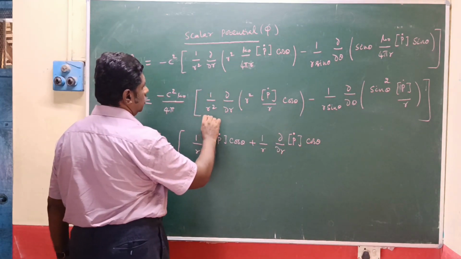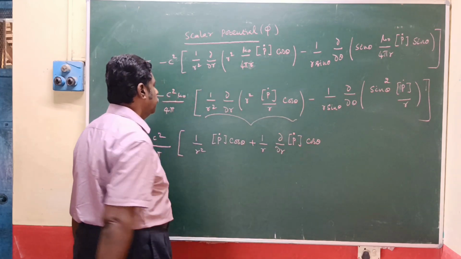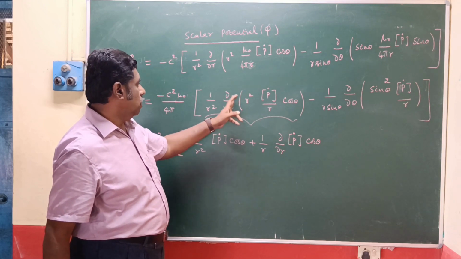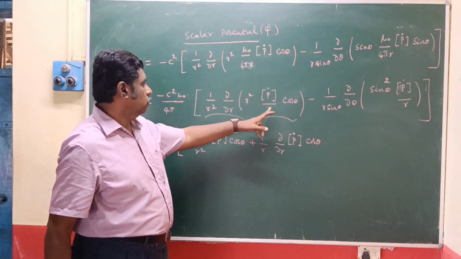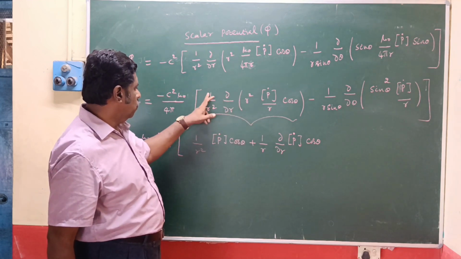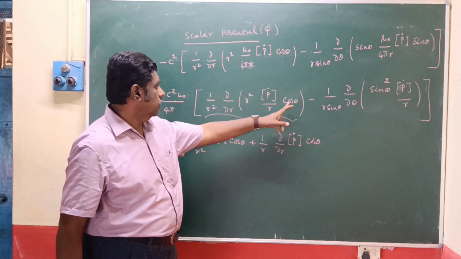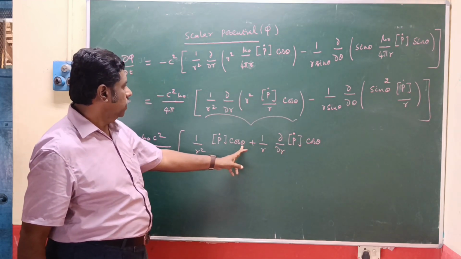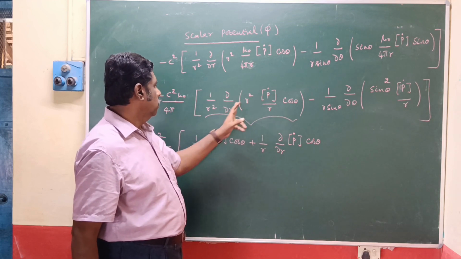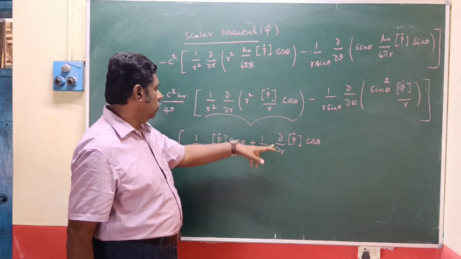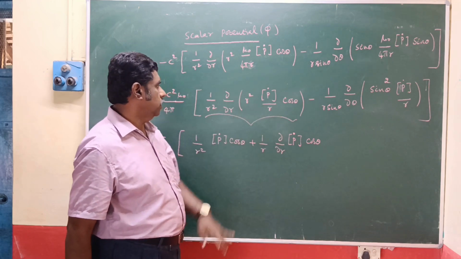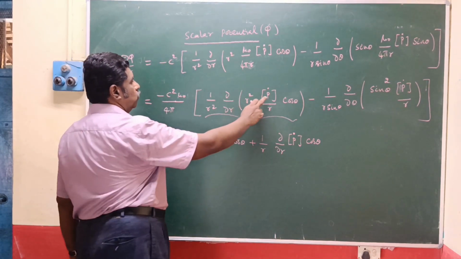See, this is the first term. We are making a differentiation with respect to r. So r square by r is r. Dou of r by dou r is 1. So 1 by r square P dot cos theta. And then dou by dou r of this P dot, r square cancelled out, 1 by r dou by dou r of this P dot into cos theta. P dot is also a function of r.